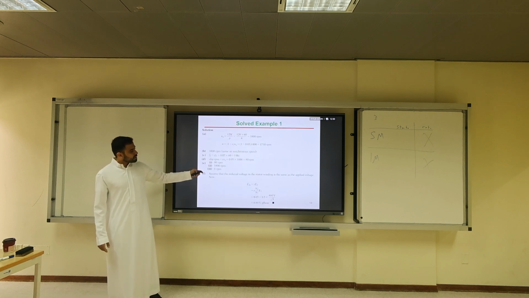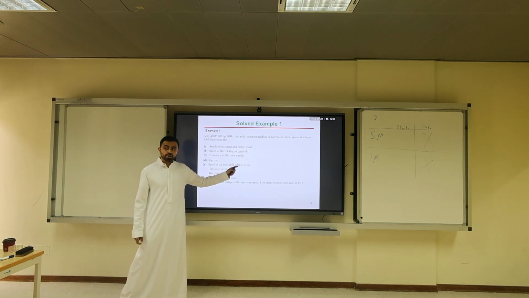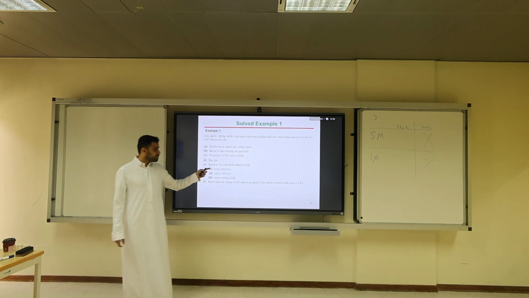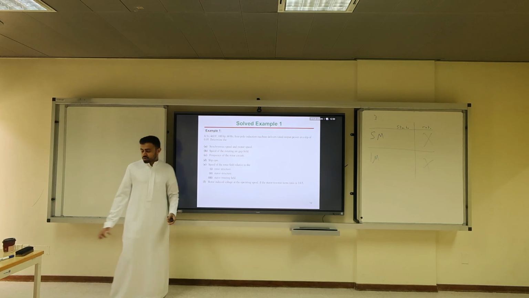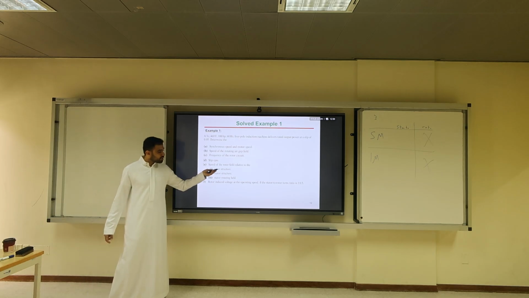The last question is find the speed of the rotor field, which is the rotor magnetic field, relative to the rotor structure. So this is the rotor magnetic field with respect to the rotor structure. Do you think there is a speed?